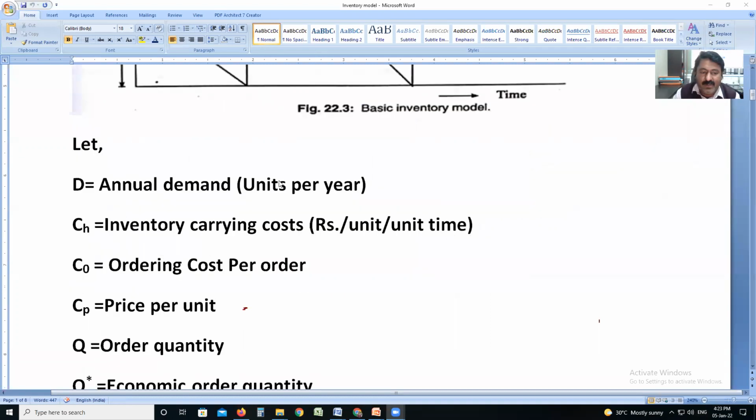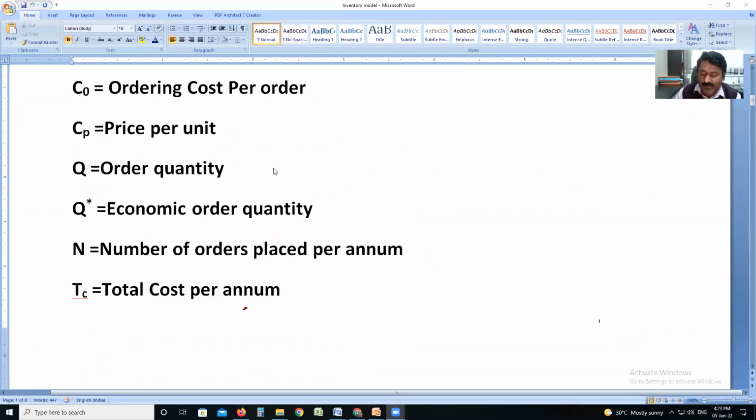So the maximum quantity you can call the order quantity. N is the number of orders placed per annum, and TC is the total cost per annum.